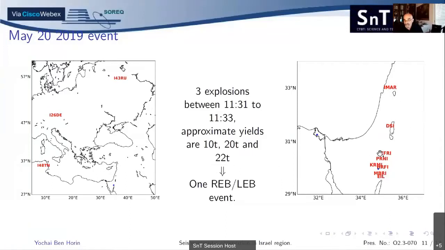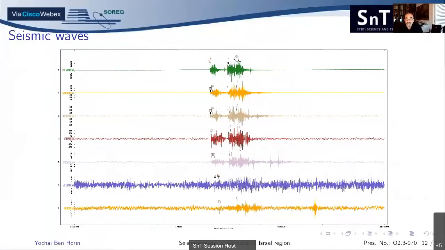You can see the Israeli network around the seismic range, and the infrasound stations that reported the event. This is the seismic waveform from the Israeli network, and you can see the 3 explosions. You can even see some infrasound information on the seismic waveform, and there is 1, and then there are 2 which are really on top of each other.